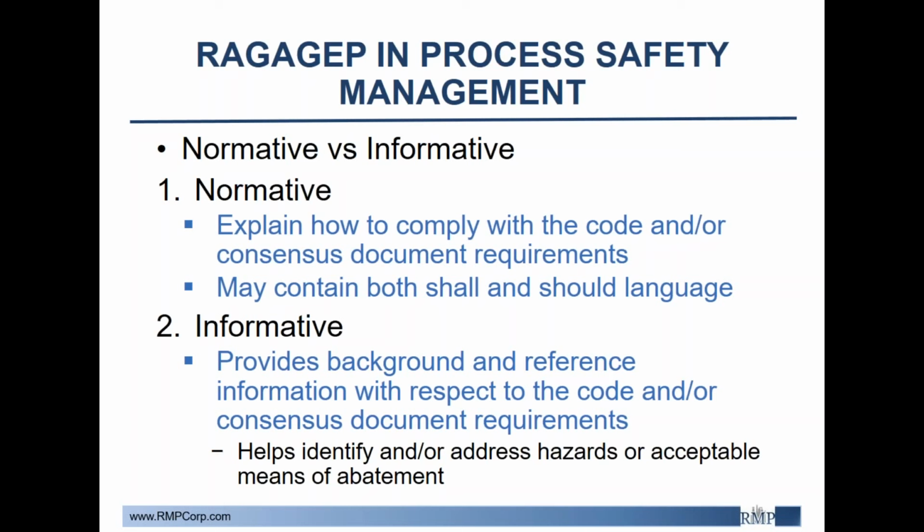Informative, however, provides background and reference information with respect to the code and/or consensus document requirements. Informative sections of RAGAGEP help to identify and/or address hazards or acceptable means of abatement of these hazards. Employers should read and consider the informative sections. However, OSHA does not expect employers to consult all sources cited in the informative section.